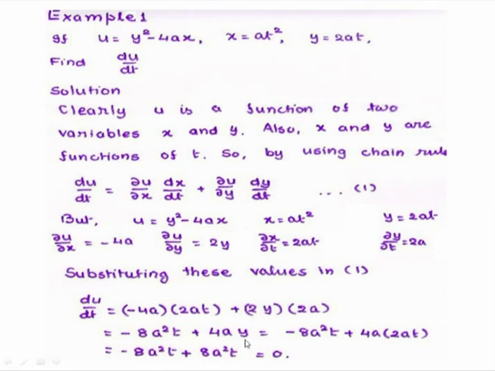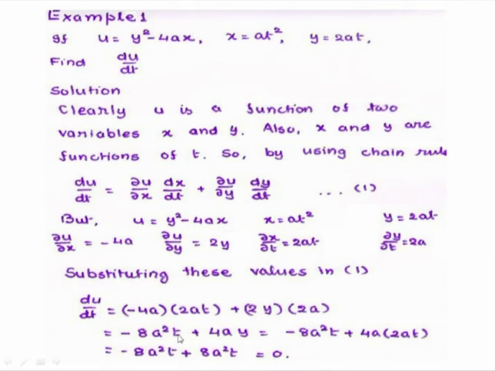Now we substitute the value of y also, so y is twice at, so we get minus 8a square t plus 4a into twice at, so minus 8a square t plus 8a square t is equal to 0. So ultimately we get du by dt as 0.